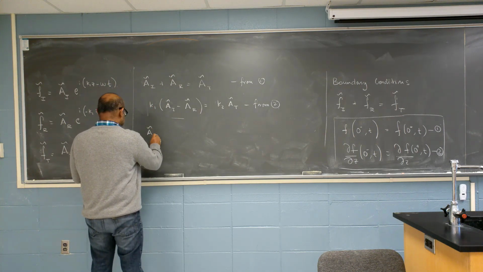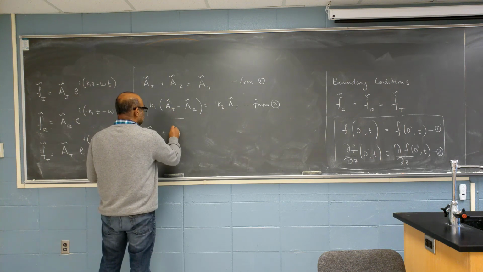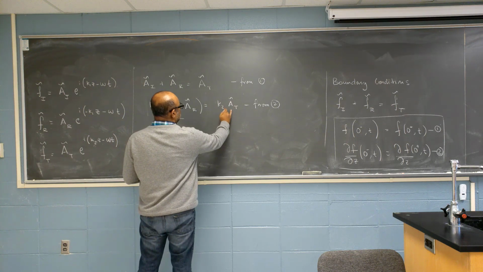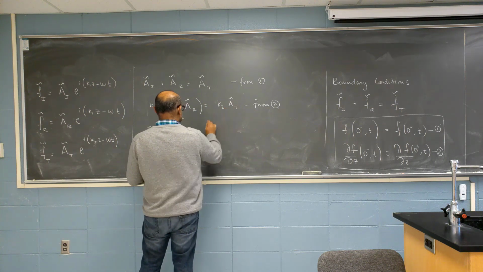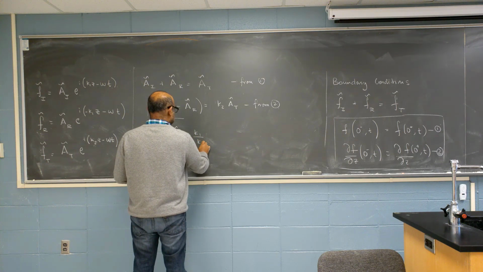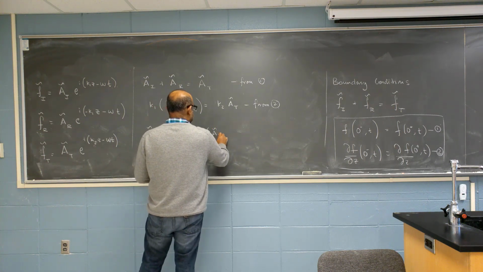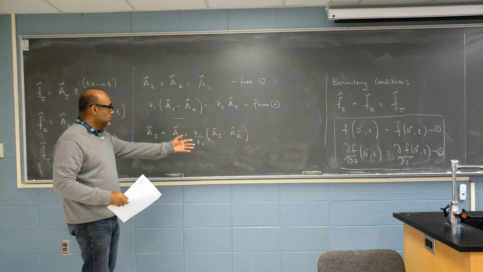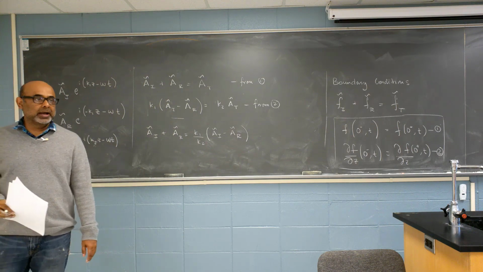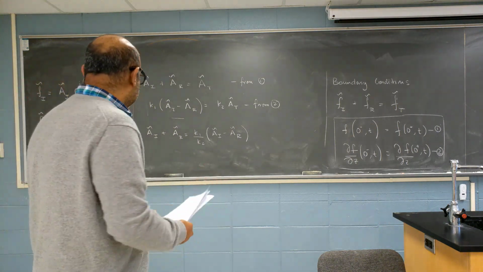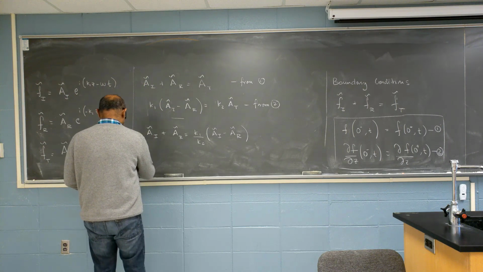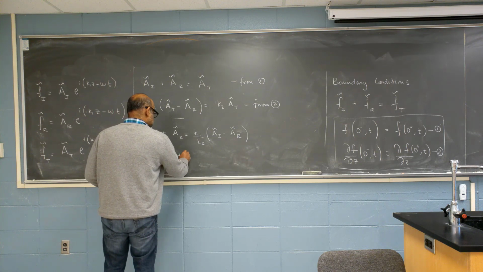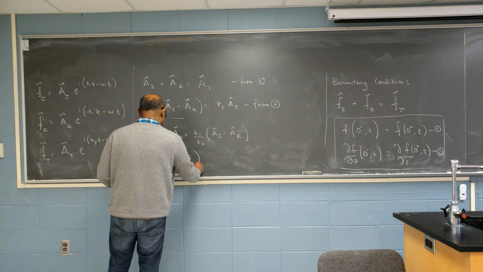A tilde I plus A tilde R is equal to A tilde transmission, but I can solve that from over here. It's K1 over K2, A tilde I minus A tilde R. That's convenient. This is an equation of only A tilde I and A tilde R. Therefore, I can solve for A tilde R. You can see how the math works out very easily.